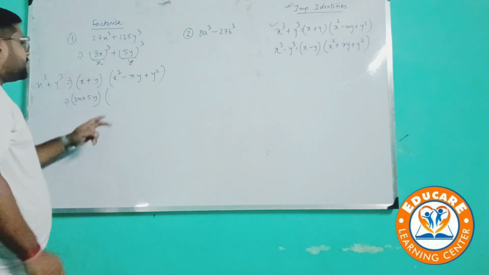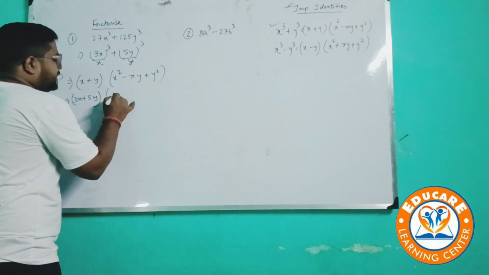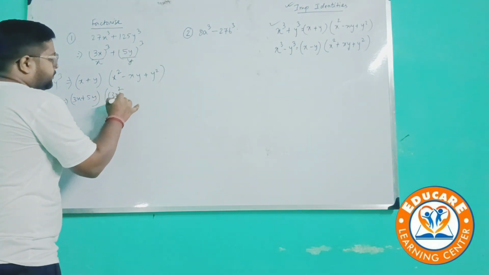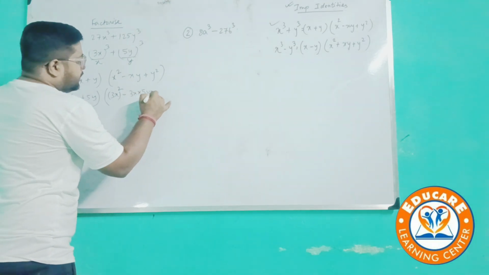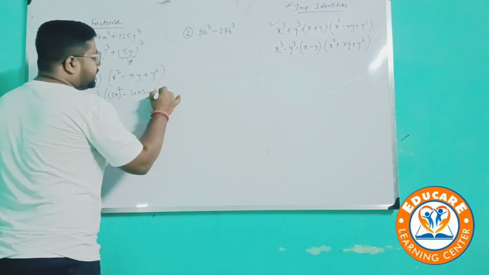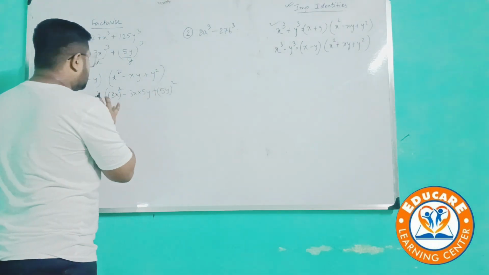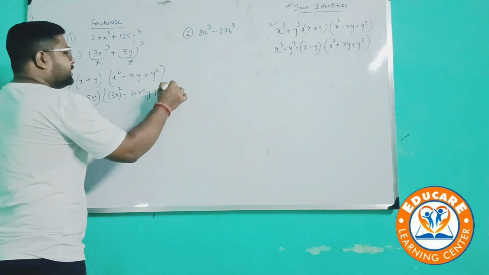Let's move on to the next part. x square, x value is (3x) square, minus xy, 3x into 5y, plus y square, y value was (5y) whole square. So this is what we got in the second part.